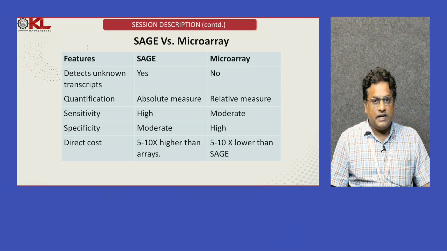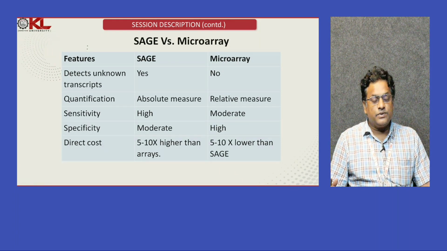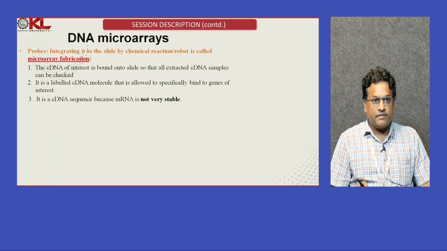Sensitivity is high in SAGE and moderate in microarray, and specificity is moderate in SAGE and very high in microarrays, because again it depends on the hybridization technique. The direct cost of SAGE is about 10x higher than arrays, because in microarrays you are doing everything together in a pool, so it is less expensive.